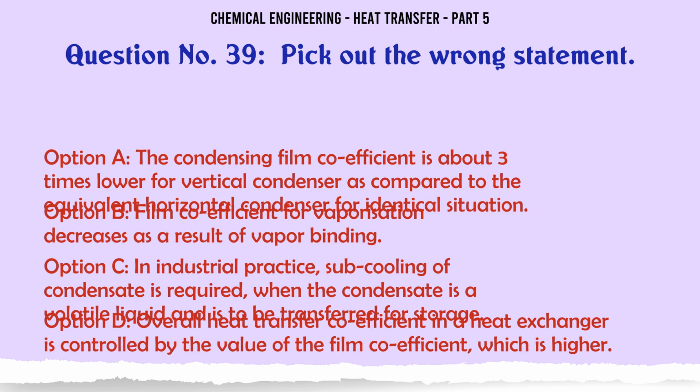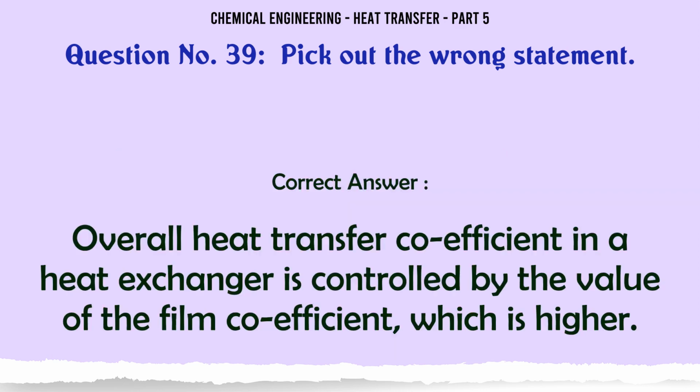D. The overall heat transfer coefficient in a heat exchanger is controlled by the value of the film coefficient, which is higher. The correct answer is overall heat transfer coefficient in a heat exchanger is controlled by the value of the film coefficient, which is higher.